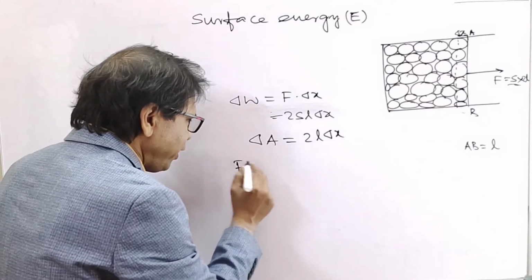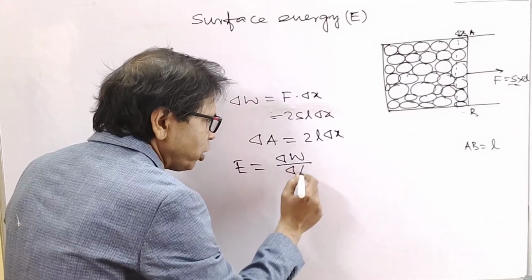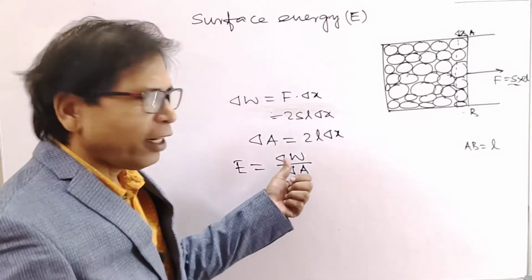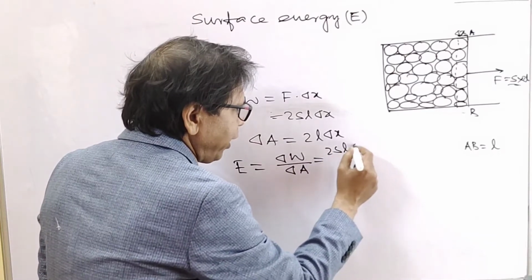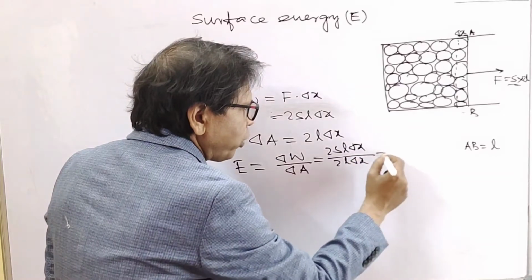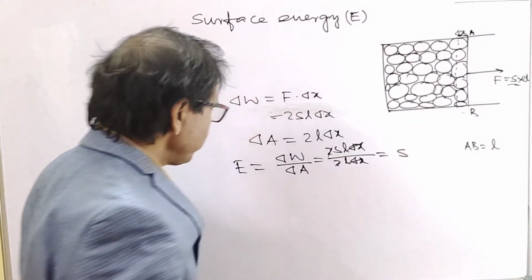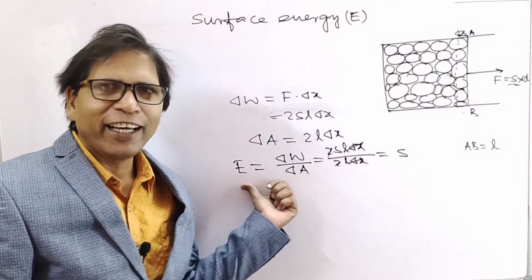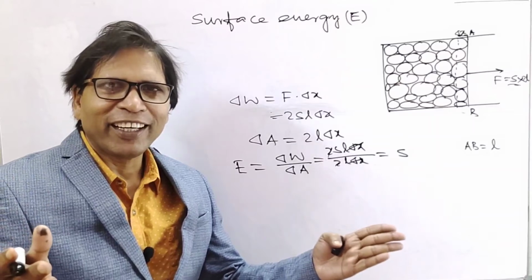Surface energy is work done per unit increase of surface area, so this is delta W by delta A. This is 2SL delta x divided by 2L delta x, so this is S. Therefore surface energy and surface tension are the same.